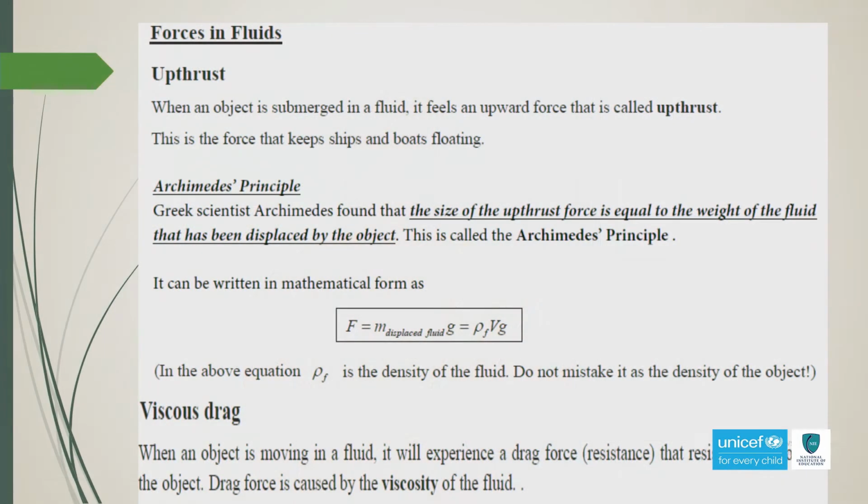So what is this Archimedes' principle? Archimedes' principle states that whenever an object is partly or fully immersed in a fluid, the upthrust experienced is equal to the weight of the fluid displaced. So when you talk about upthrust, it is equal to the weight of the fluid displaced.